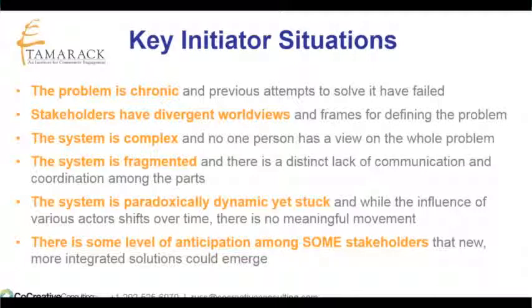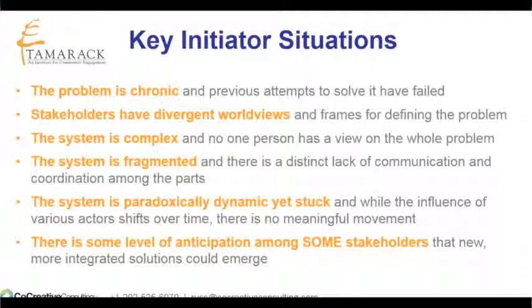Next, it works well where the system, this is interesting, is paradoxically dynamic. There's a lot of energy and stuff happening, and some of the energy is really negative, people are complaining or whatever, but there's no forward movement. And that to us indicates that there's energy for change, which we can capitalize on.